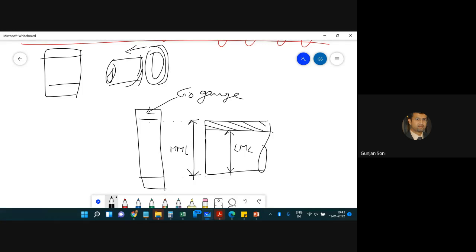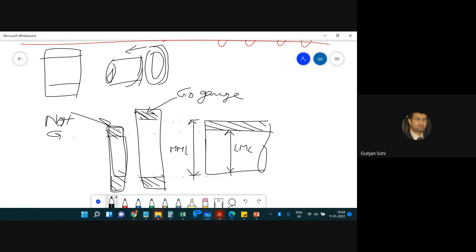And this is for the no go gauge. So you can see here, this is the ring. These are two of your rings. So this is a no go gauge, which is not going to cross the shaft, for the lower metal limit.